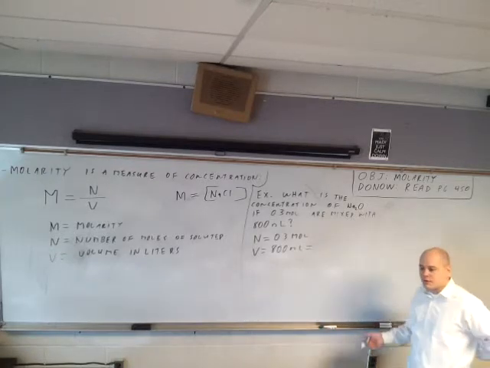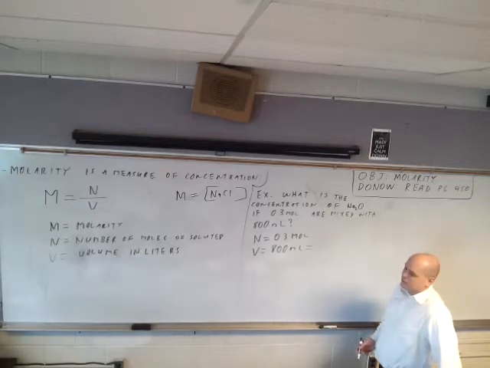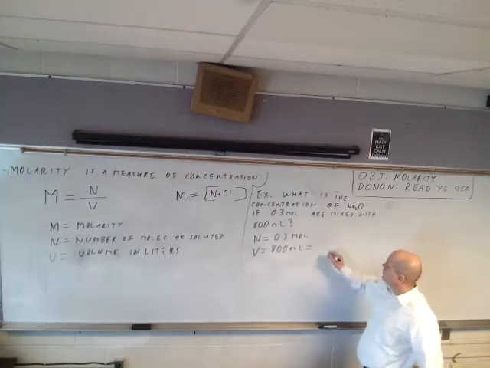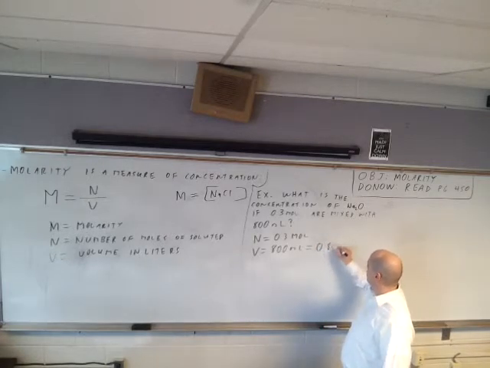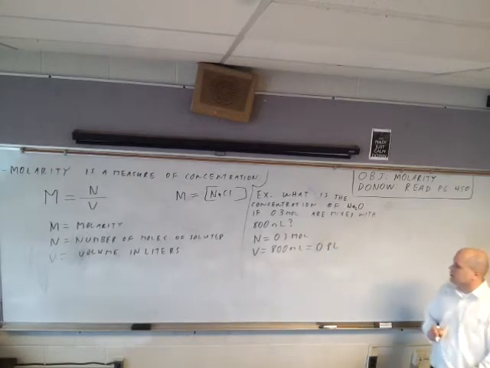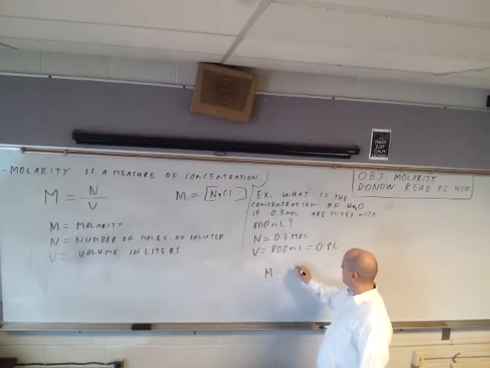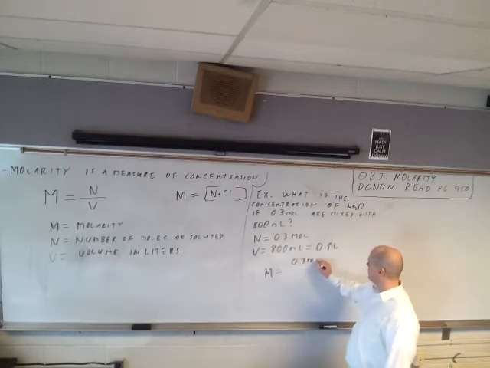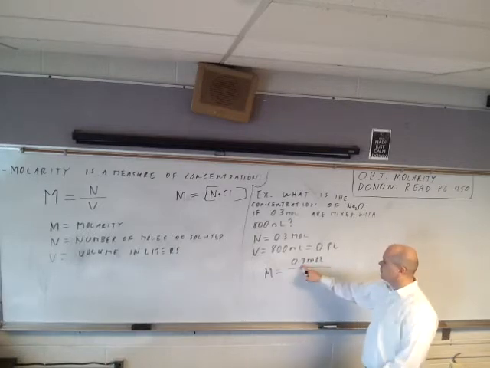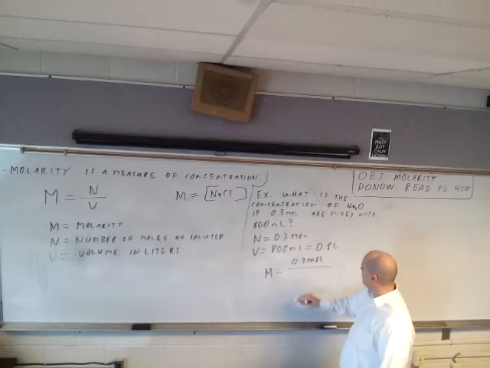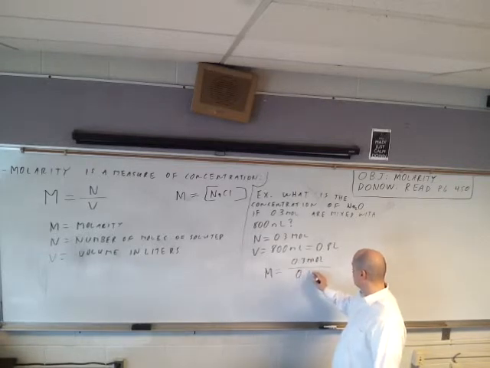You multiply by 0.001, what do you get? 0.8 liters. So now all we got to do is plug into the equation. M equals 0.3 moles over 0.8 liters. Remember, for number of moles, you always have to put mol. You can't put just M. And I'll tell you why in a second.